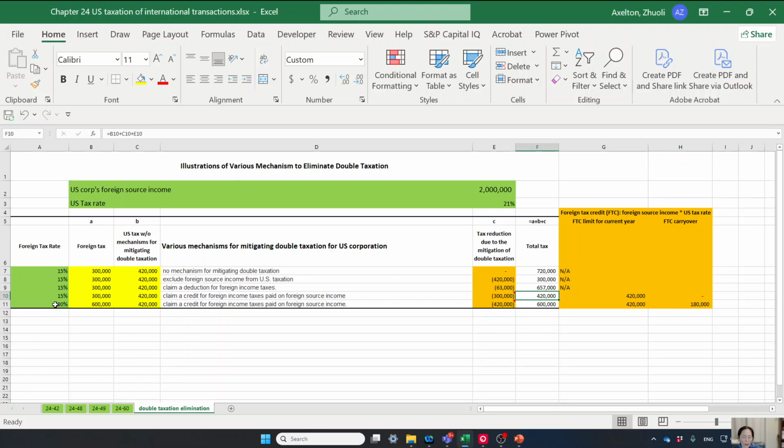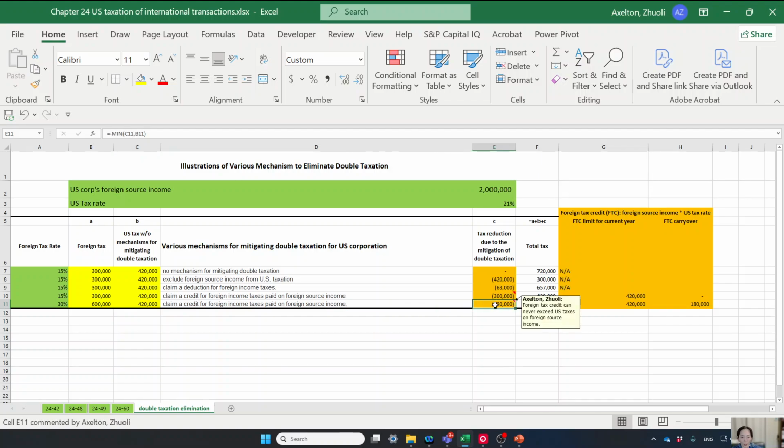All it says is, if the U.S. person actually paid a higher foreign tax rate, in this case 30%, so basically they already paid $600,000 in foreign tax, then for U.S. tax purposes they only paid 21%.